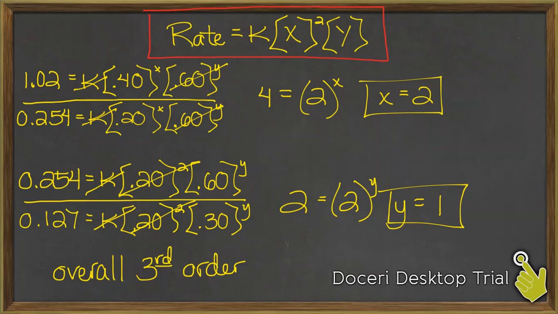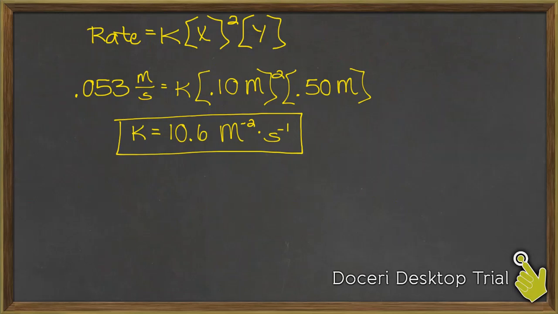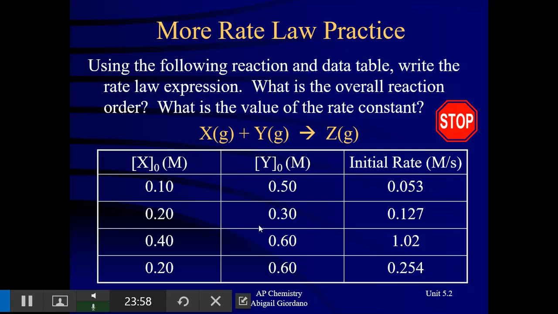I just picked the first line of data to plug into that rate law, and I solved for K. If you chose a different line than I did, would you get a different value for K? Maybe slightly, but they should be pretty close. It doesn't matter which line of data you pick. I picked the first line, and there are my appropriate units. So that is what's called the initial rate method.